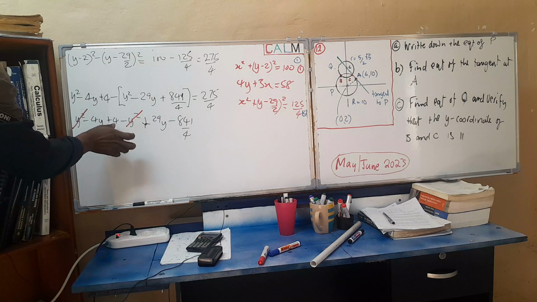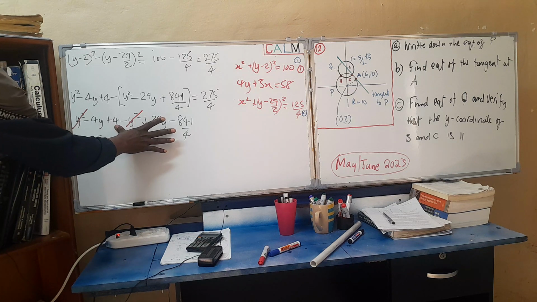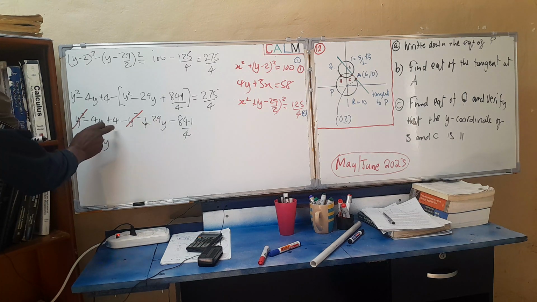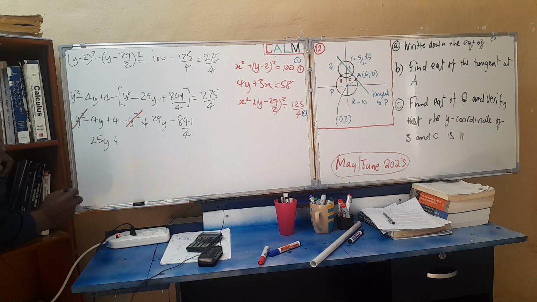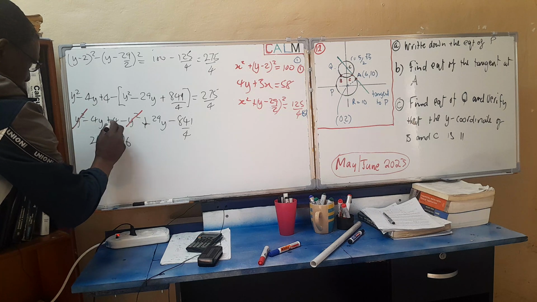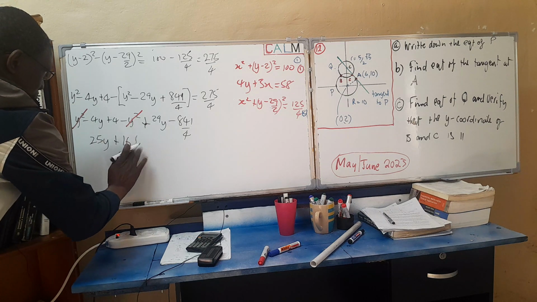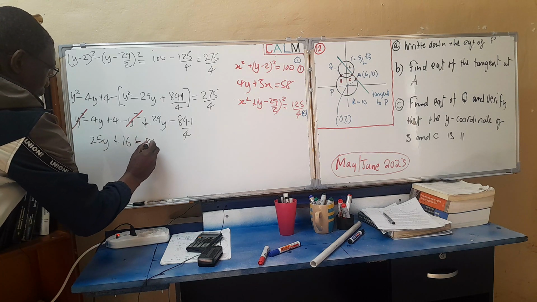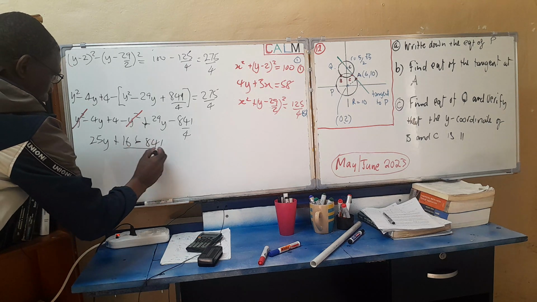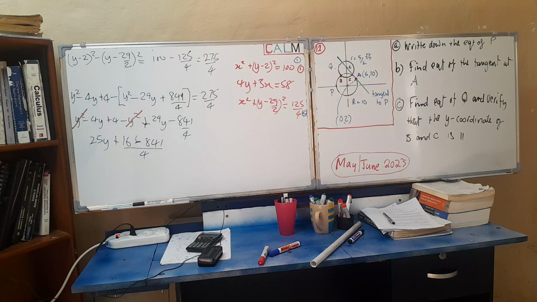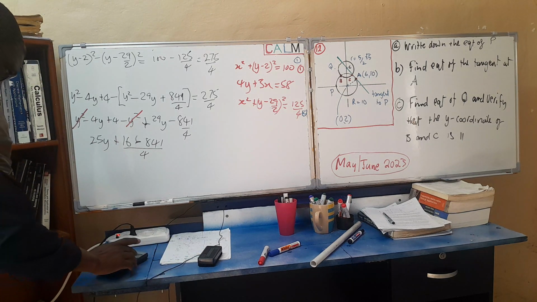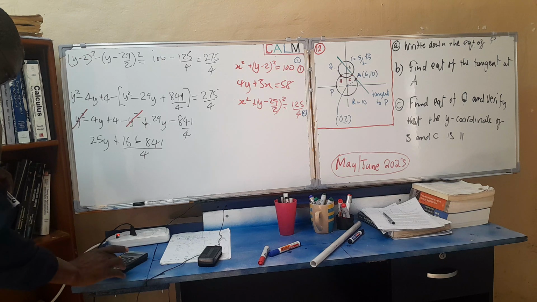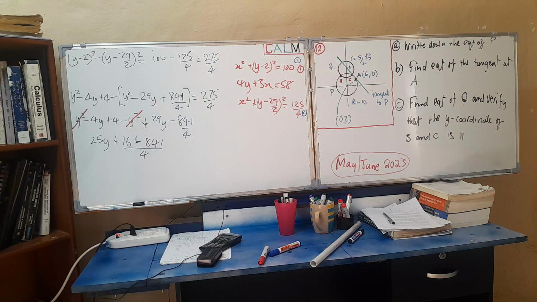Then we are left with 4 and 841 over 4. When I put the common denominator 4 there, it becomes 16 minus 841, all over 4, which is 825.